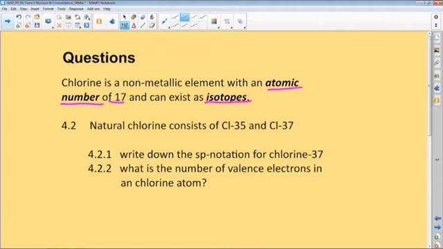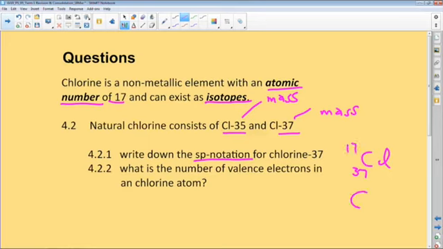So natural chlorine consists of chlorine 35 and chlorine 37. So the 35 and the 37 are the masses. Now, in this case, we understand that the masses are different. It says write down the SP notation for the chlorine 37. Remember, both the chlorine 37 and the chlorine 35 have an atomic number of 17.